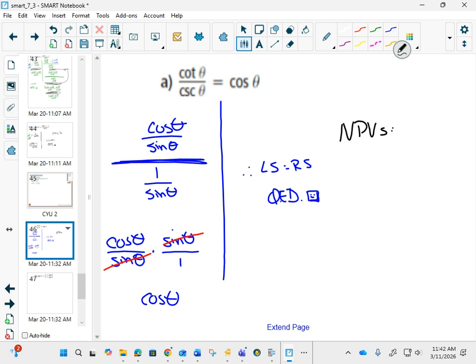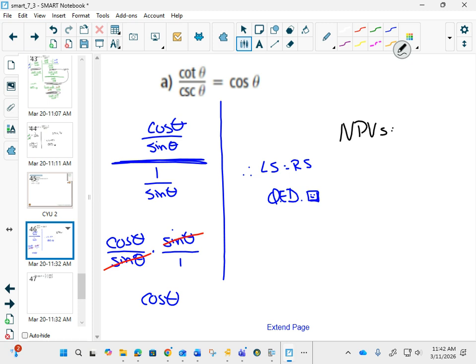What are some of the things you're not allowed to do? Divide by 0. Or take the square root of a negative. So far, that's about all you've learned that you're not allowed to do. You've also learned technically you can't take sine inverse of numbers bigger than 1.